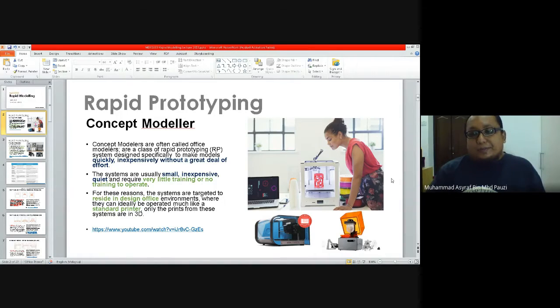I believe you have class with Mr. Mazlan and Mr. Shami on 3D modeling and 3D printing, and we will go into depth on this, and we're talking about other technologies also. I think last time when I taught that subject, we only required 2 sessions, and then the students could use the printer right away.